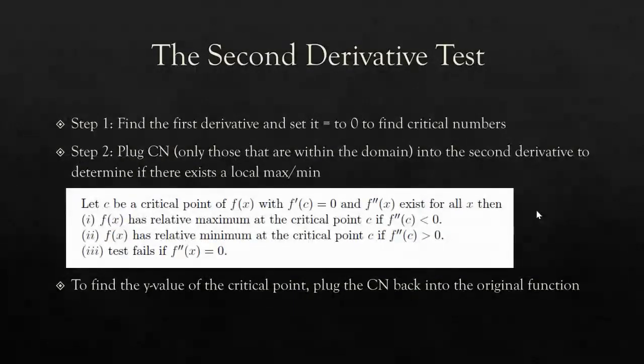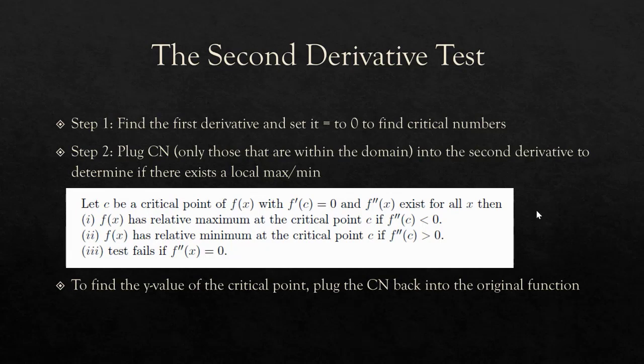Moving on to the second derivative test. These are the steps that you would use to find the relative maximum or minimum of a function. You would start by finding the first derivative and setting it equal to 0 to find critical numbers. When you find the critical numbers, make sure that they are within the domain of the function, and those that are not within the domain should not be plugged into the second derivative, because they do not even exist on the graph.